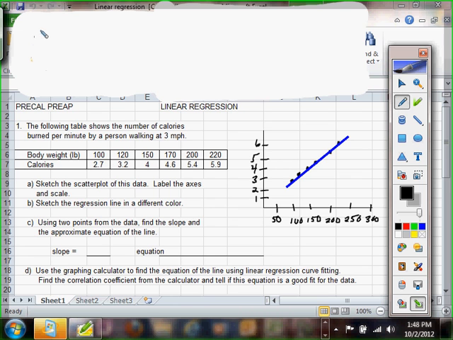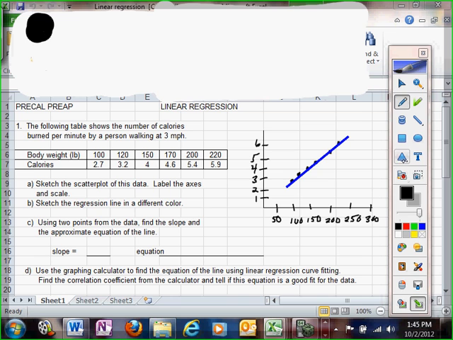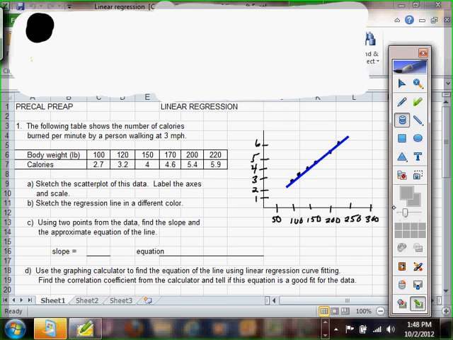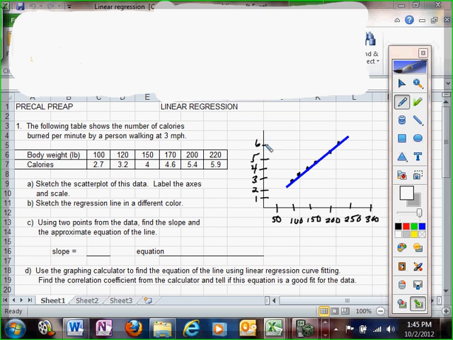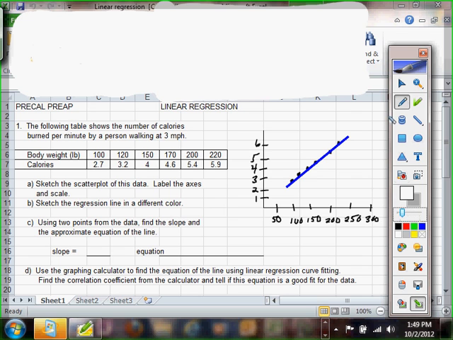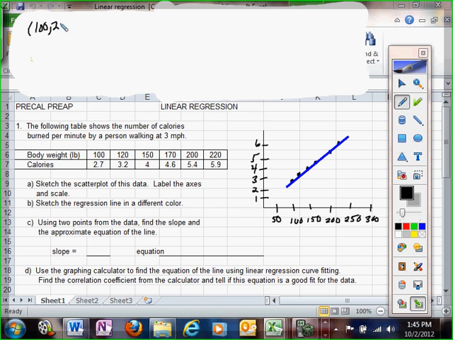Well, I have 100 comma 2.7, and I have 120 comma 3.2, and then I just want to use this information x1, y1, x2, y2 to use my slope formula. Slope being y2 minus y1 over x2 minus x1.